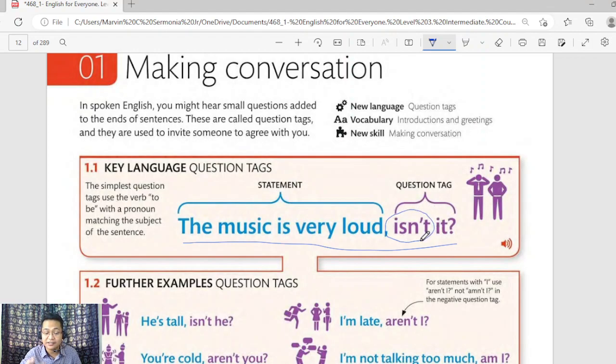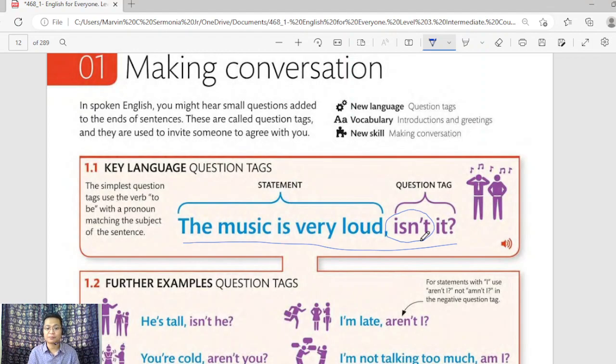This is actually a contracted form, composed of two words originally, which are is and not. If you combine those words, we call it contraction, and it becomes isn't. So the question tag is isn't it?